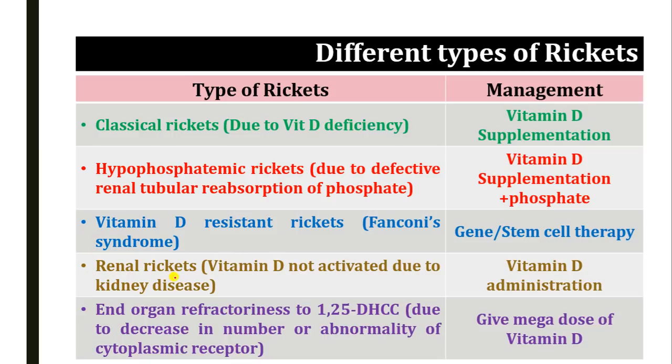Renal rickets is due to disease of the kidney, so the vitamin D is not activated. In that case, we have to give the active form of vitamin D from the outside, that is calcitriol.